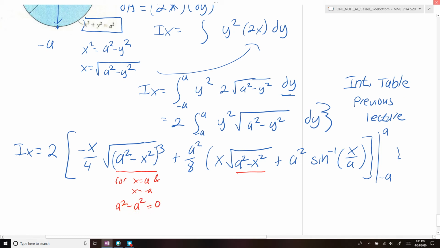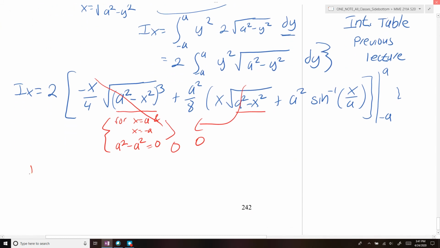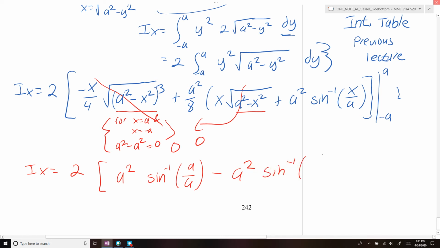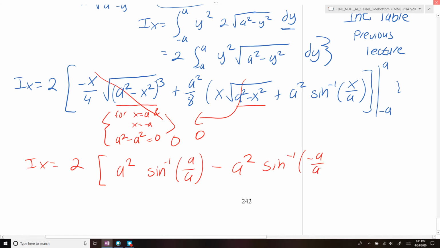So both of those terms end up being 0. Our equation simplifies to 2 times a squared times the inverse sine of a over a, minus a squared times the inverse sine of minus a over a.